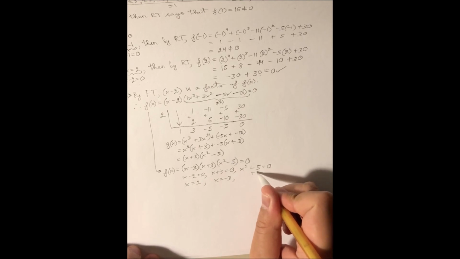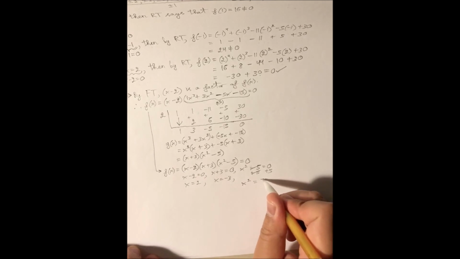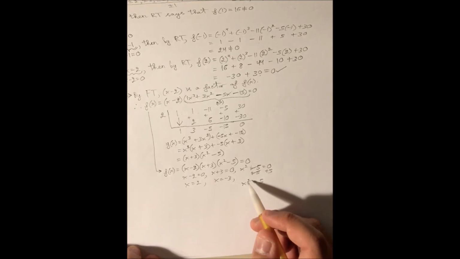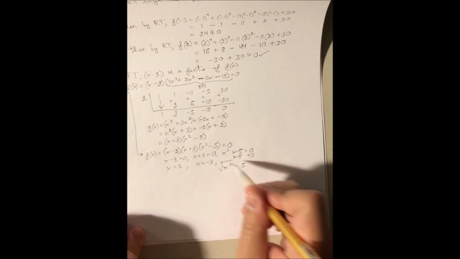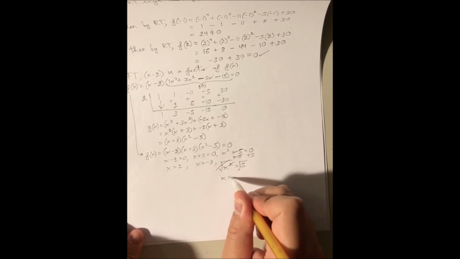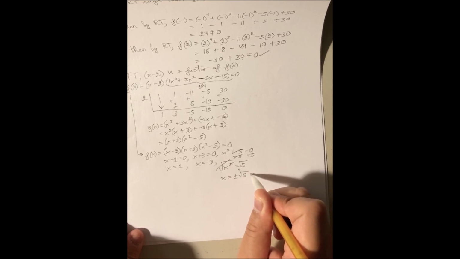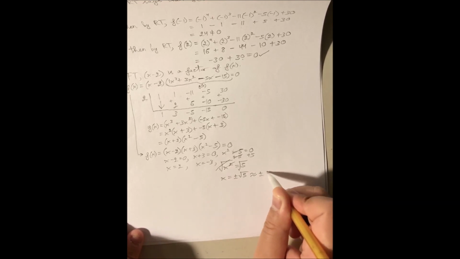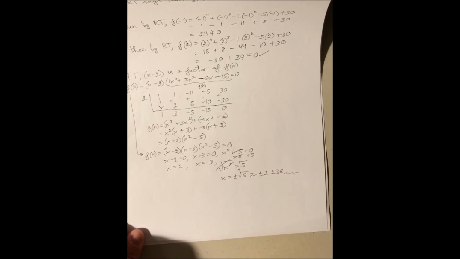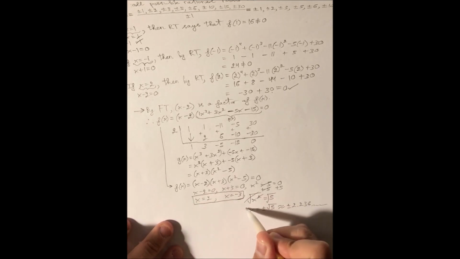Solving for x squared by adding 5 to both sides, we get x squared equals positive 5. Getting x by itself by getting rid of the second exponent by taking the square root of both sides, we know that x is going to be equal to plus or minus square root of 5, and this is going to be like plus or minus 2.236 something, like that. So hey, this is the final answer.